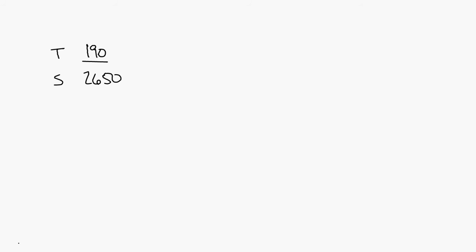Okay, look, if they ask for the student-to-teacher ratio, student's got to go on the top. Whatever's listed first goes on the top of the fraction, in the numerator. So your student-to-teacher ratio is 2650 to 190.